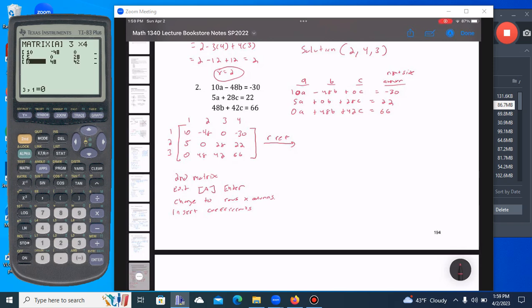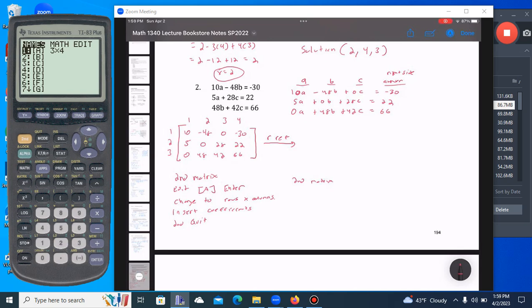Okay. So now, once you are out, what you do is second quit. Second quit. That's the only way I found to get out of the matrix. Then we'll do second matrix again. But this time, we see that we have a 3 by 4.